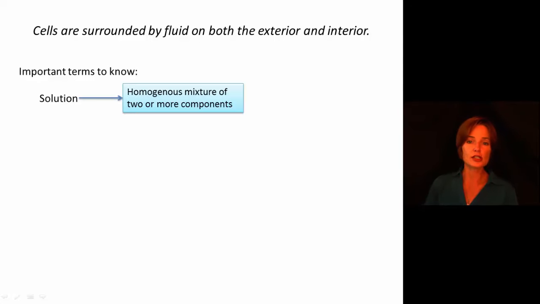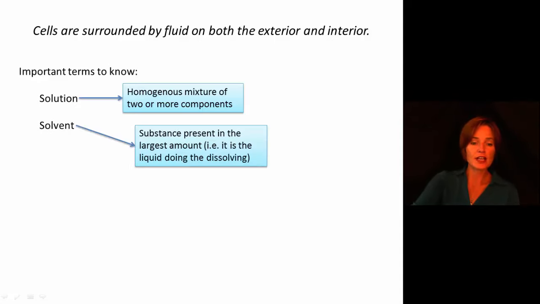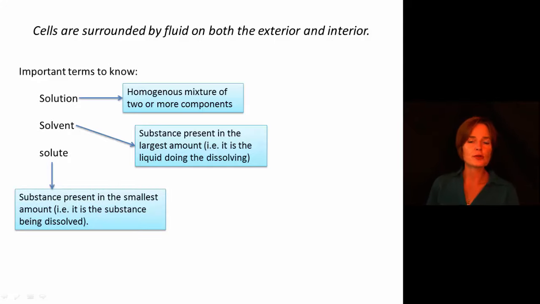So important terms to know if we're talking about these fluids is that, first of all, it's a solution. A solution is a homogeneous mixture of two or more components, and that solution is made up of a solvent and a solute. So the solvent is going to be the substance present in the largest amount.